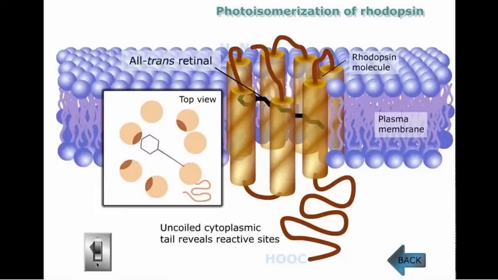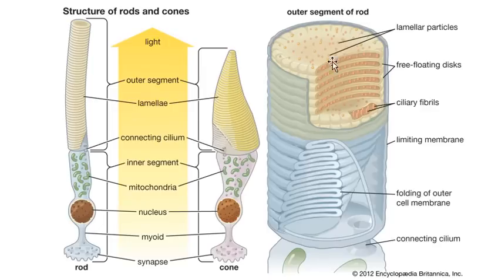That's more holistic. So we have the outer segment, a broad outer segment, we have the discs there, lamellae, and then we have those free-floating discs right in there, and within the discs is where we're going to find our rhodopsin.